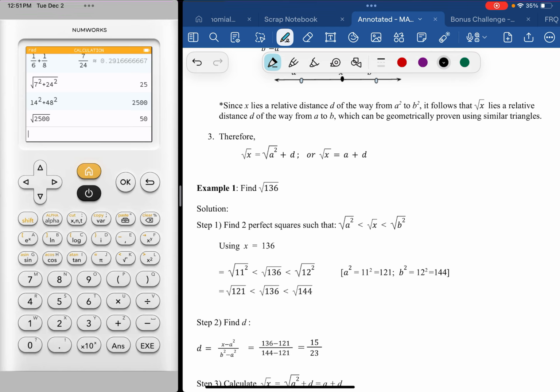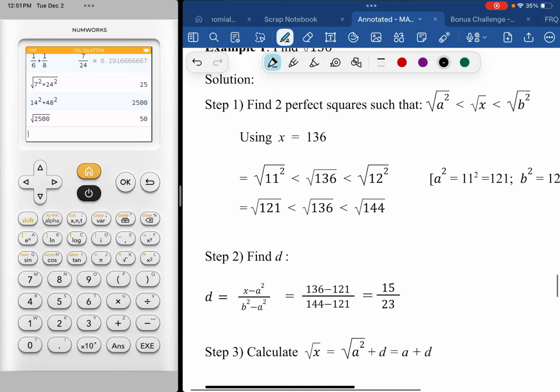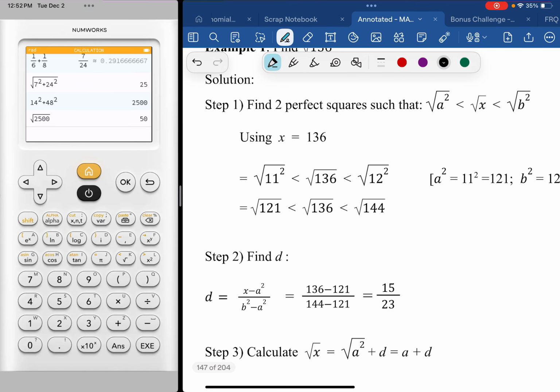Right, but we come up with that relationship. So the a value is going to be 11, making the a squared value equal to 11 squared, which is 121.